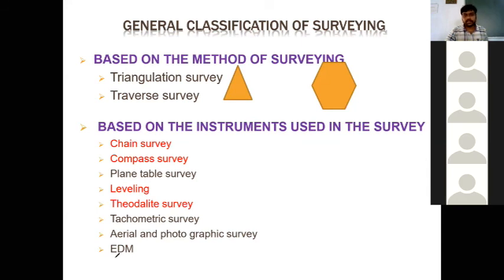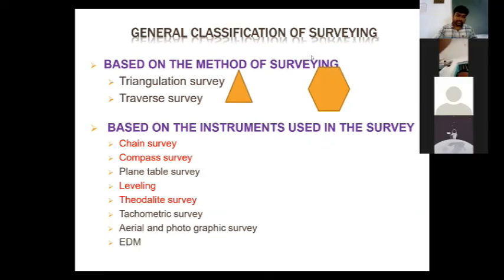Next, EDM means electronic distance measurement. Nowadays people are using this kind of device where, without going anywhere, by standing in one place only, they can measure the distance. Have you seen the tape where we measure the length?